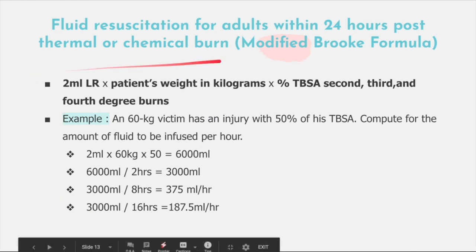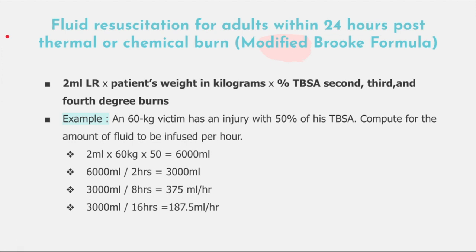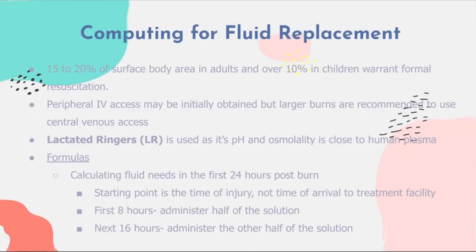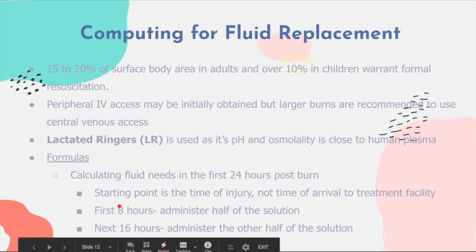The first is the modified Brooke formula, which is the fluid resuscitation for adults within 24 hours. For the next 16 hours, we will administer the other half of the solution.